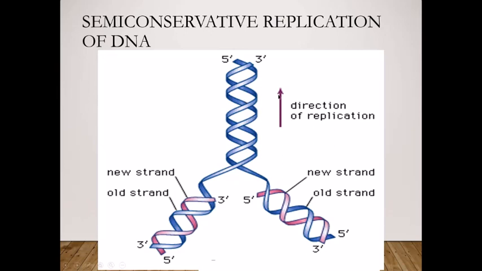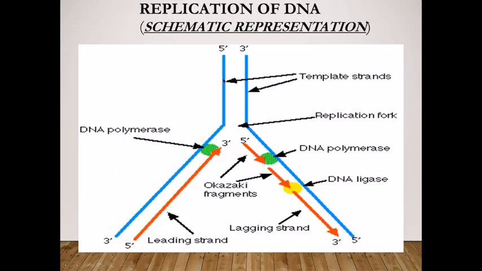the direction of replication, unwinding of the DNA molecule, and formation of the Y-shaped replicating fork. This one is the Y-shaped replicating fork, and then synthesis of new strands, leading and lagging strand, and formation of daughter DNA molecules. These are the template strands, and this one is the replicating fork.